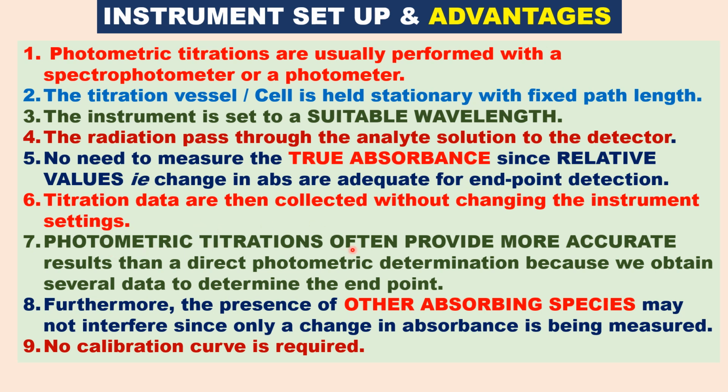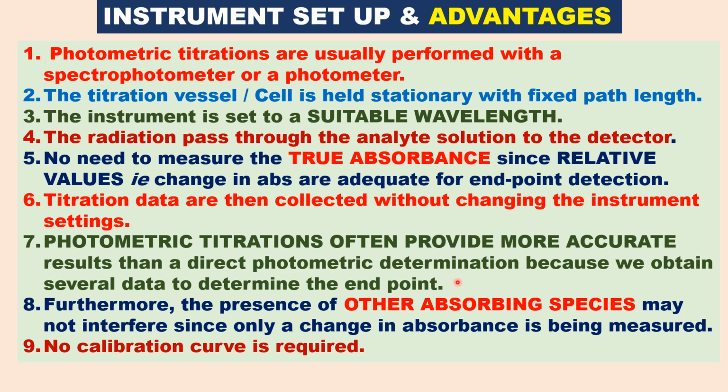Photometric titrations are often more accurate than direct photometric determinations. Why is it more accurate than the direct method? Because we measure several absorbance data to determine the endpoint, whereas in the direct method we measure only one absorbance.